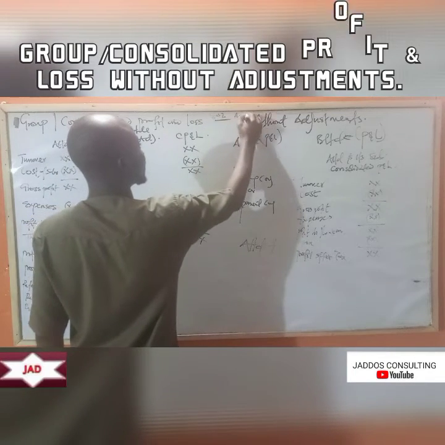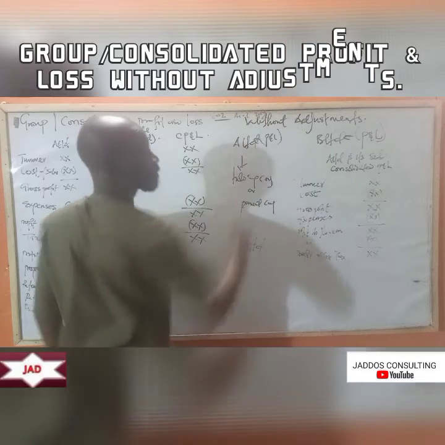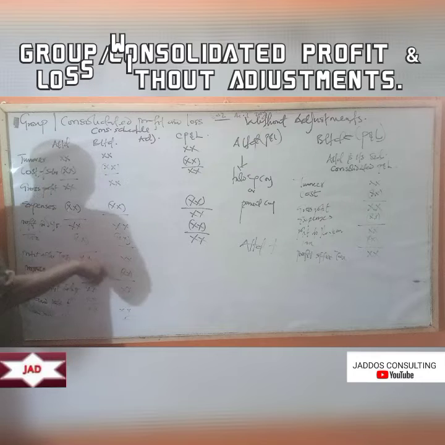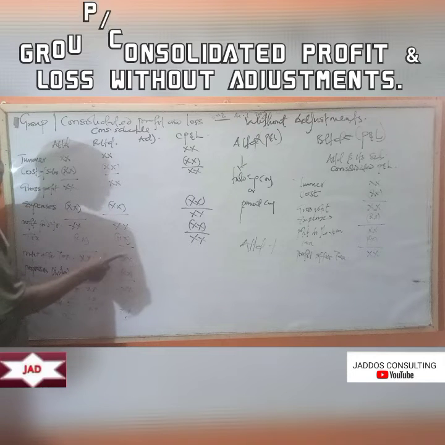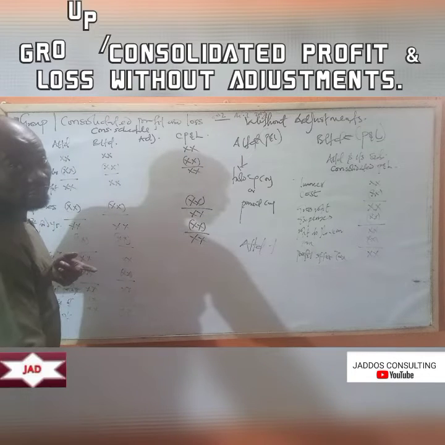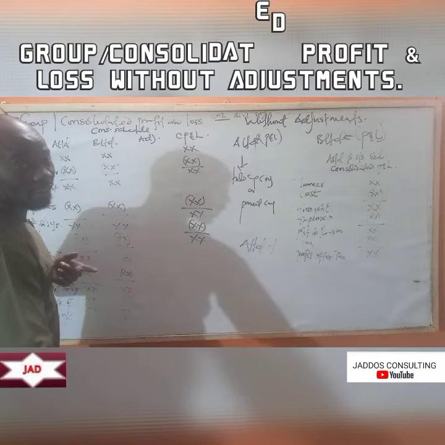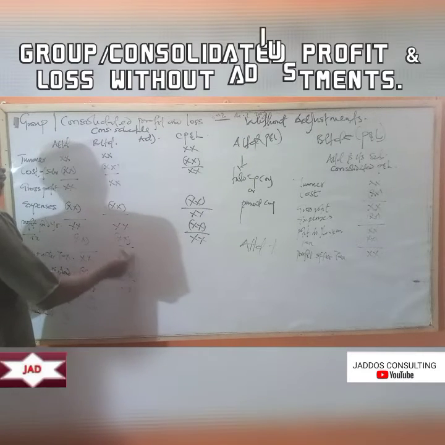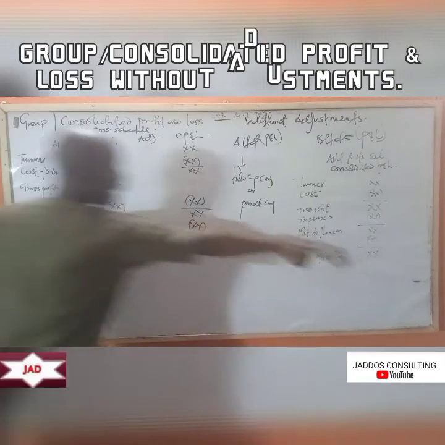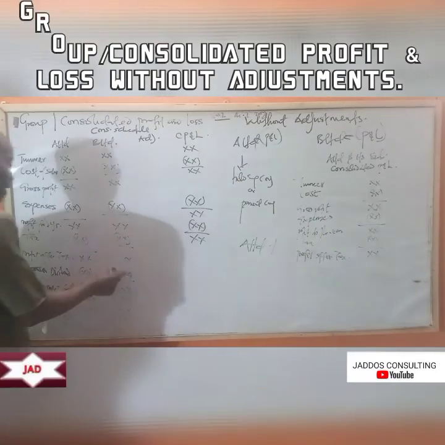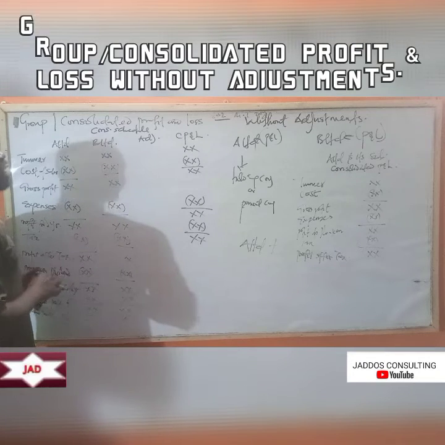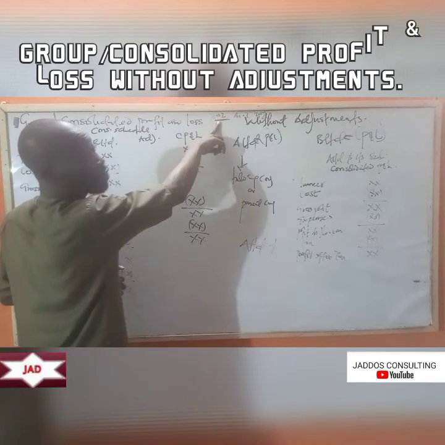So that means minority interest is 20%. So the profit after tax of the subsidiary is to be shared between the holding company and the minority. We have to take out that of minority interest, because this one here is an element of both the subsidiary and the holding company. We have established that 80% is for the holding company, 20% is for minority interest.